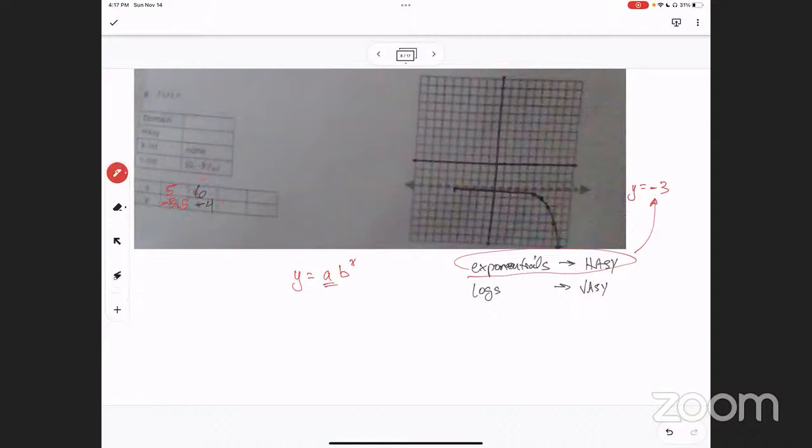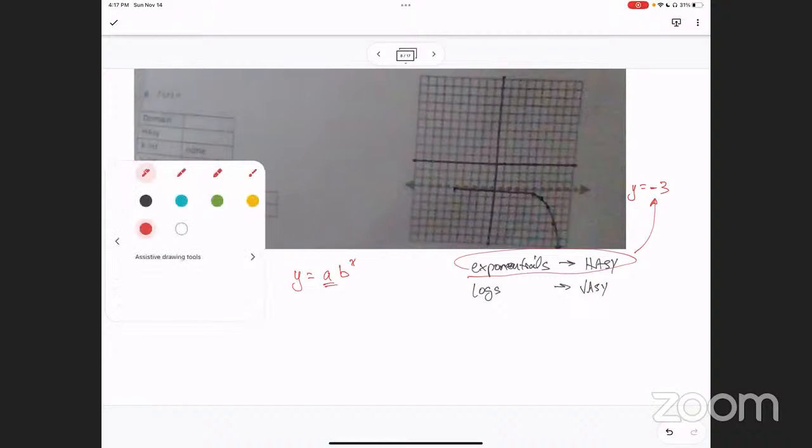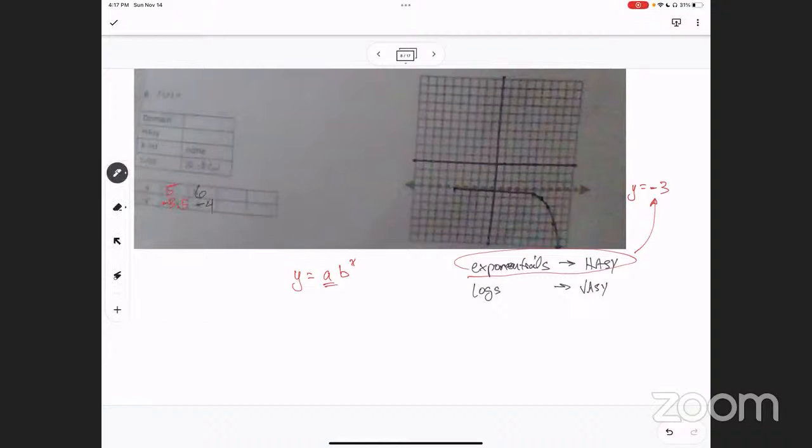So I think we're going to subtract 6 from the x on the top. That's my first guess. So let's see if that's it.